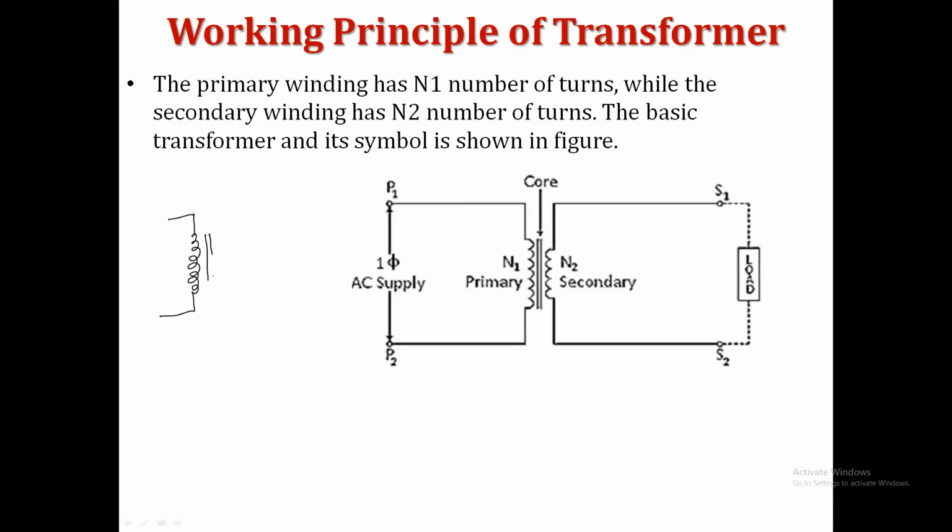This is the core of the transformer, and this is the symbol of the transformer here. This is the primary winding, this is the secondary winding, and these two coils are wound on the core of the transformer here. The core is made up of silicon steel, and these two windings are separated but joined magnetically.